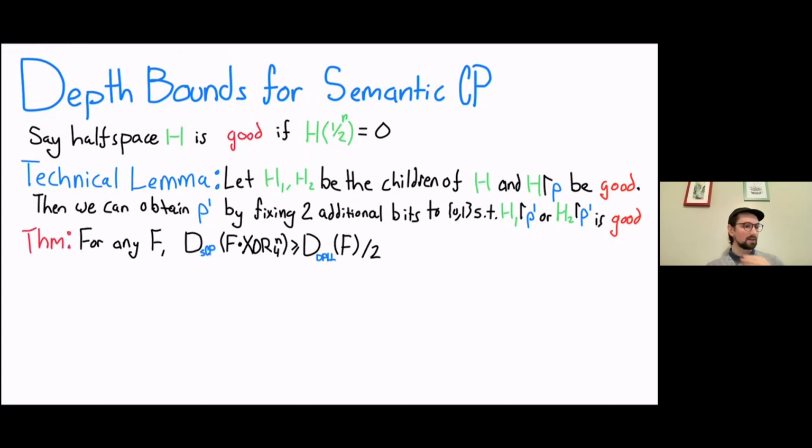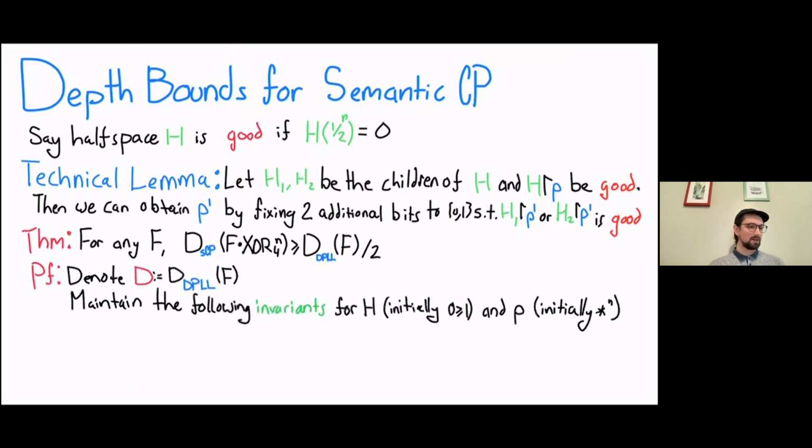Okay, so assuming the technical lemma, I'll show you how to prove this theorem. The proof still has some nice ideas. So we're going to denote D to be the DPLL depth, and we're going to maintain the following invariants.